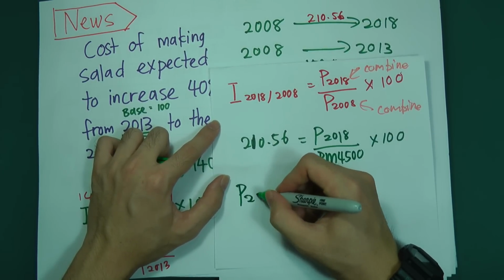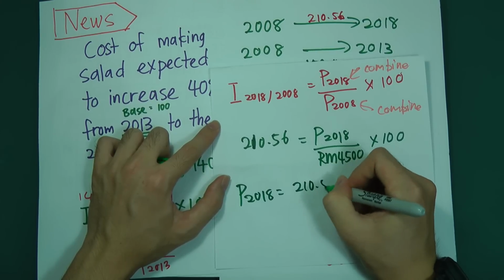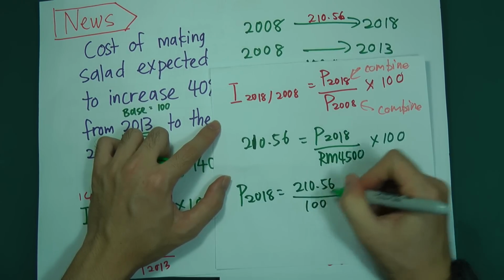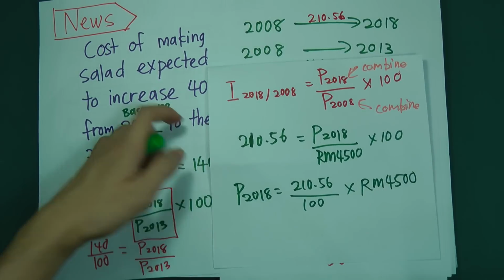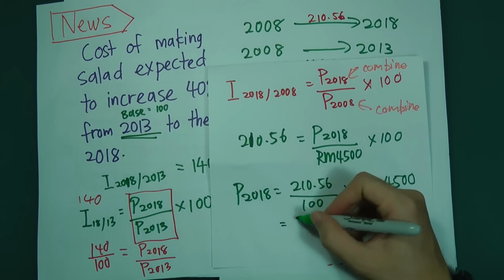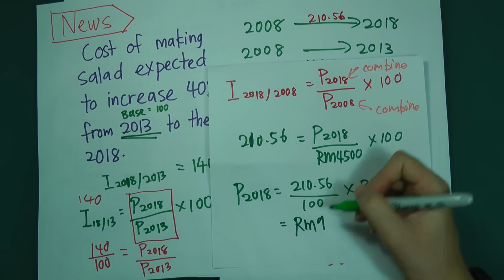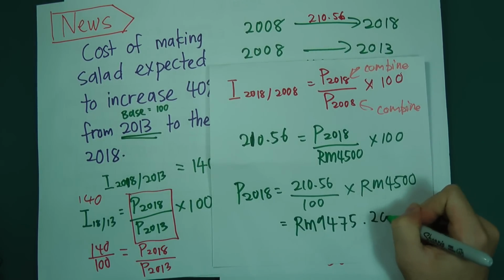Price for 2018 will equal 210.56 divided by 100 multiplied by RM 4,500. I just moved things around, so you divide by 100 and multiply by 4,500. So you got this answer: 9,475 ringgit 20 cents.